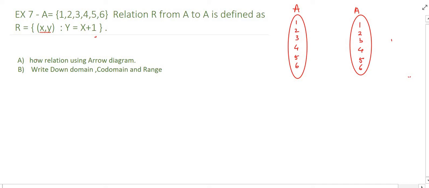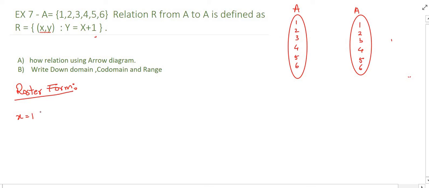So let's see how many elements will be used in this definition. This is given in set builder form. Let's convert it into roster form so that we know exactly which element is connected where.